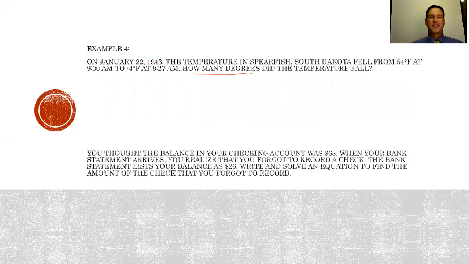On January 22nd, 1943, the temperature in Spearfish, South Dakota fell from 54 degrees Fahrenheit at 9 a.m. to -4 degrees at 9:27. So basically in 27 minutes, it dropped a lot of degrees, and they want to know how many that was. So that's what we're going to find out. How many degrees did we drop?